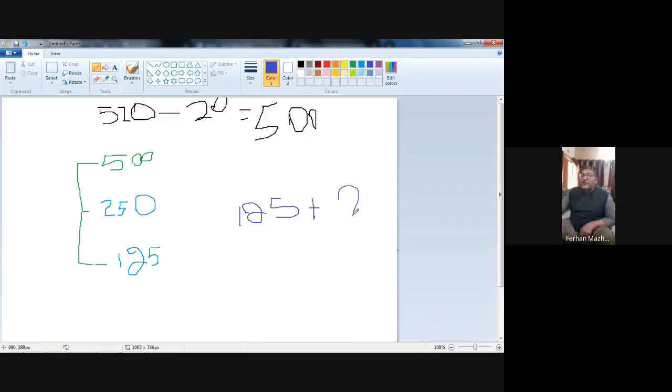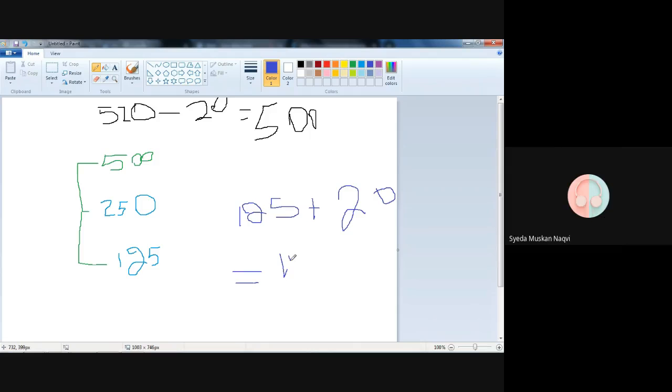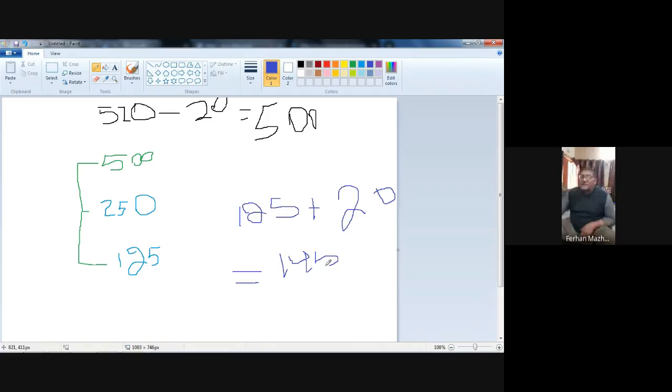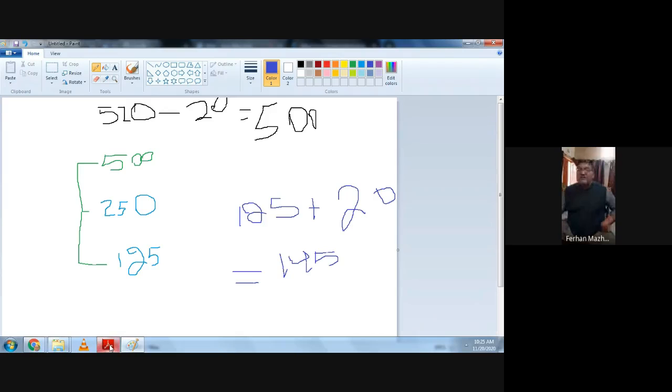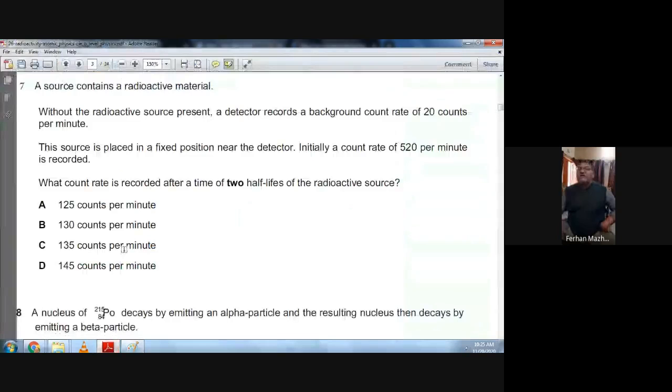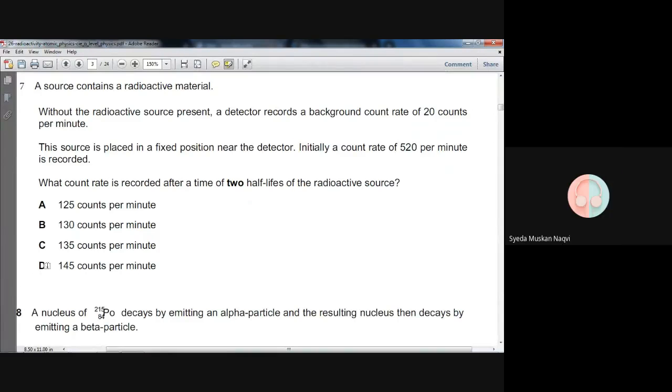So add the background reading to it. So the final answer, the reading on the detector, will be 145. Do you understand this? Yes, sir. So what is the choice? It should be 145. E is the right answer. Do you understand? Yes, sir.